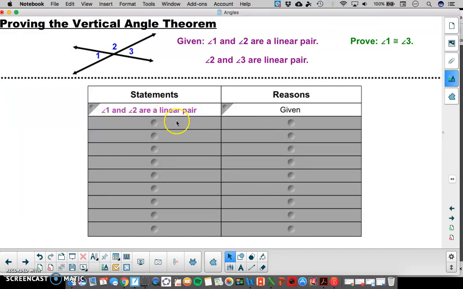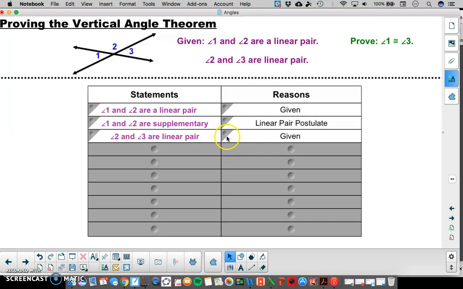1 and 2 being a linear pair means that angle 1 and 2 are supplementary by the linear pair postulate. We also know that 2 and 3 are a linear pair from our given information. And 2 and 3 being a linear pair means those are supplementary by the linear pair postulate.